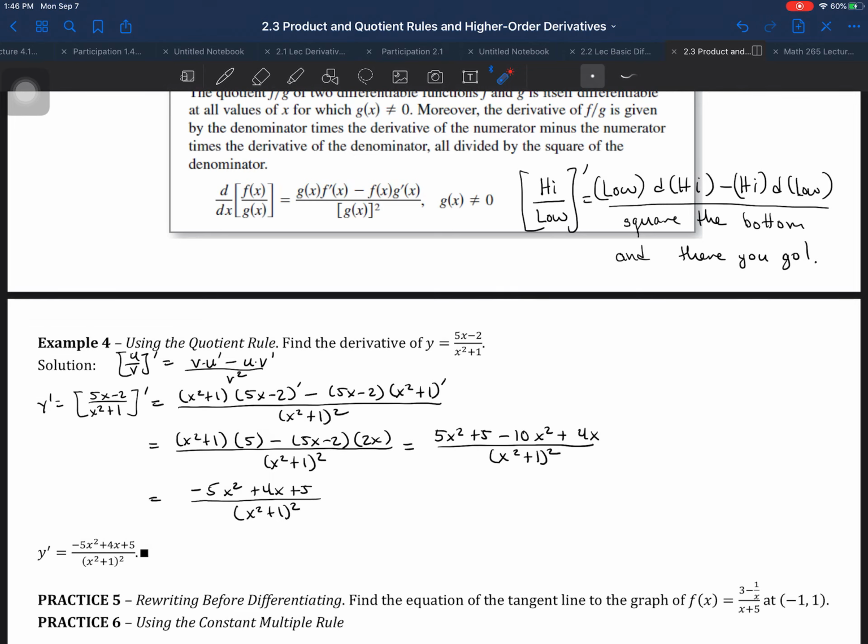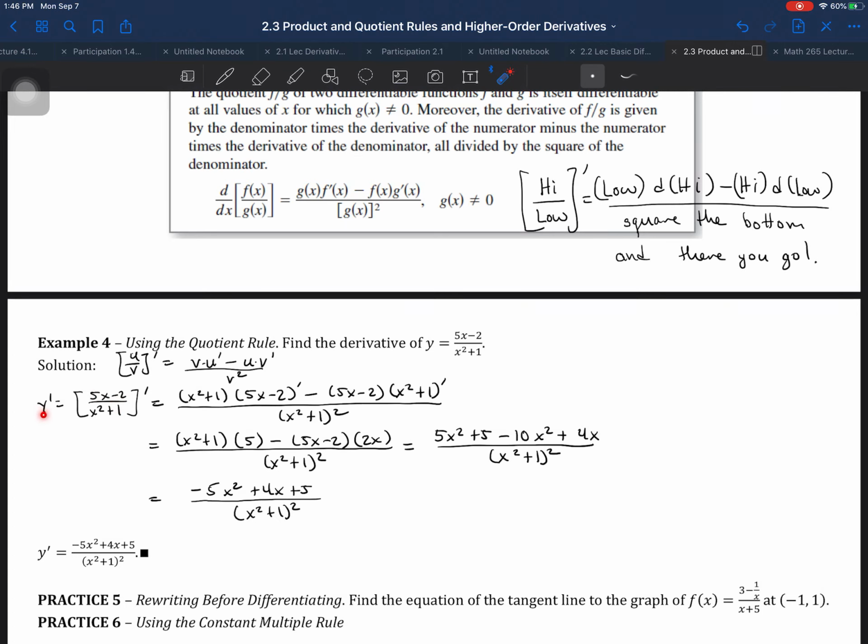All right, so we have this division of two functions, 5x minus 2 all over x squared plus 1. So we clearly have to use the quotient rule, and we're going to follow that strategy: low d high minus high d low, square the bottom. I'm going to set it up.